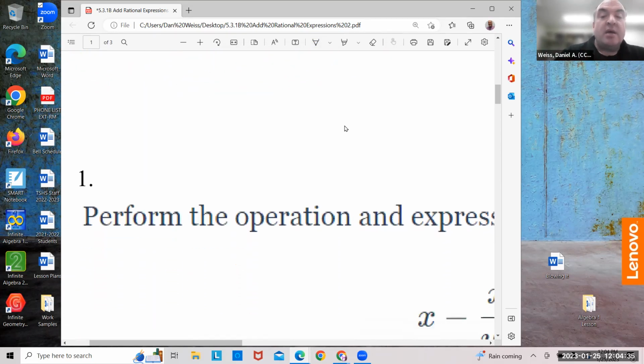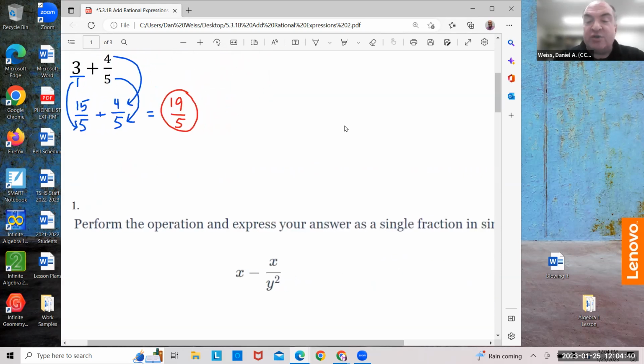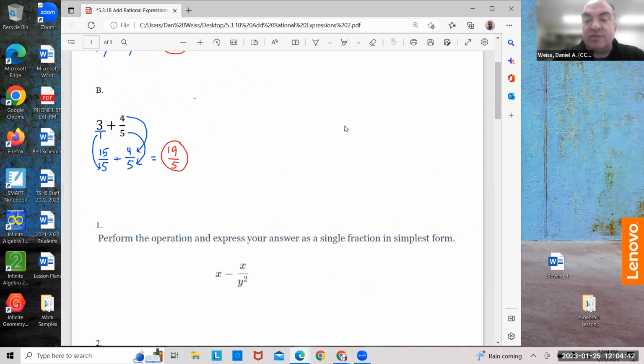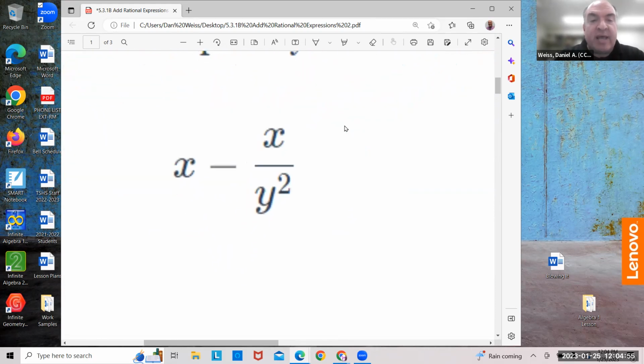Next. Perform the operation and express your answer as a single fraction in simplest form. Take a deep breath with me. No problem. We're going to add these together.